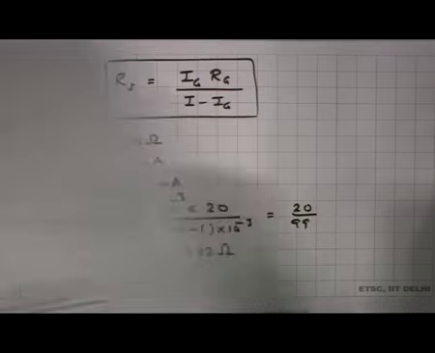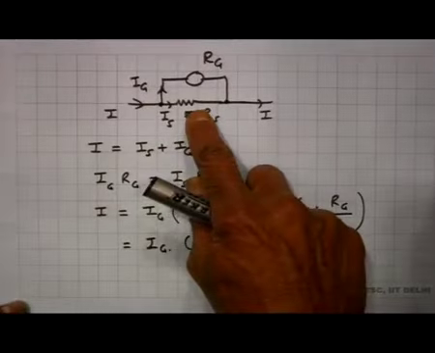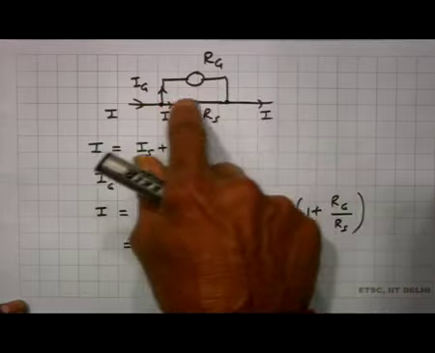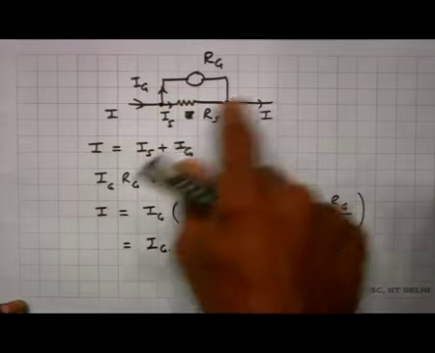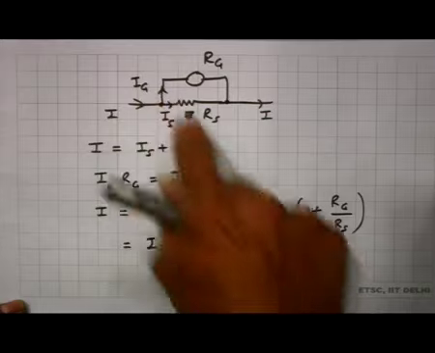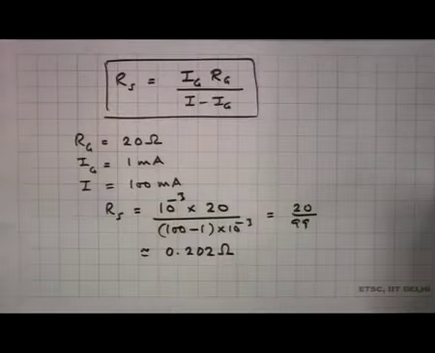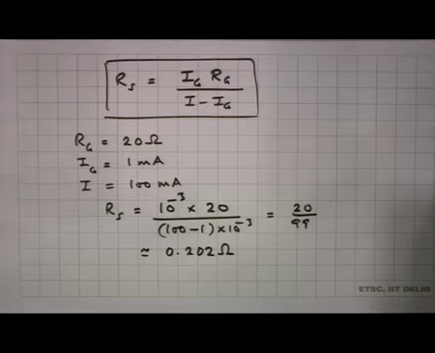So, if I connect 0.202 ohms here, when 100 milliamperes comes from here, I have 1 milliampere going through this and the remaining 99 milliamperes going through this. So, as I change my current here, the fraction here changes and I get essentially the deflection on the galvanometer, which tells me how much current is passing through the circuit. So, that is an example of converting a galvanometer into an ammeter.